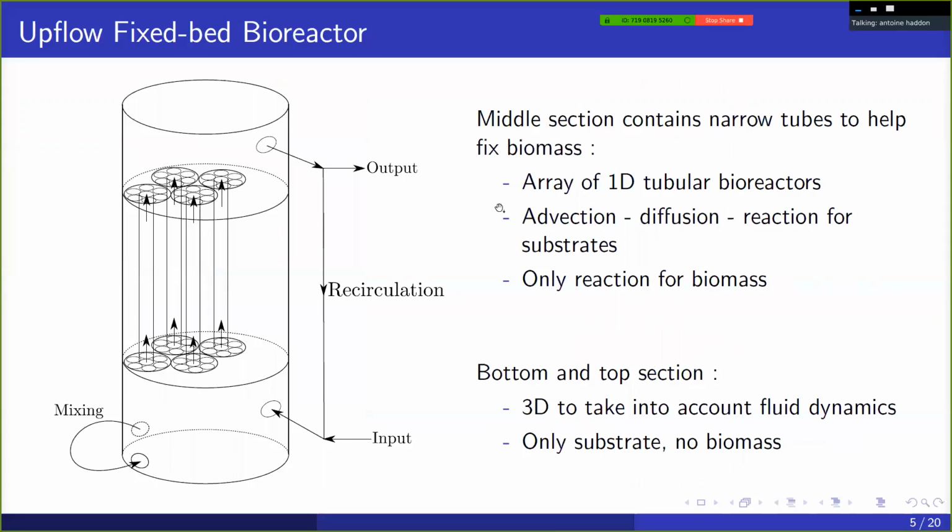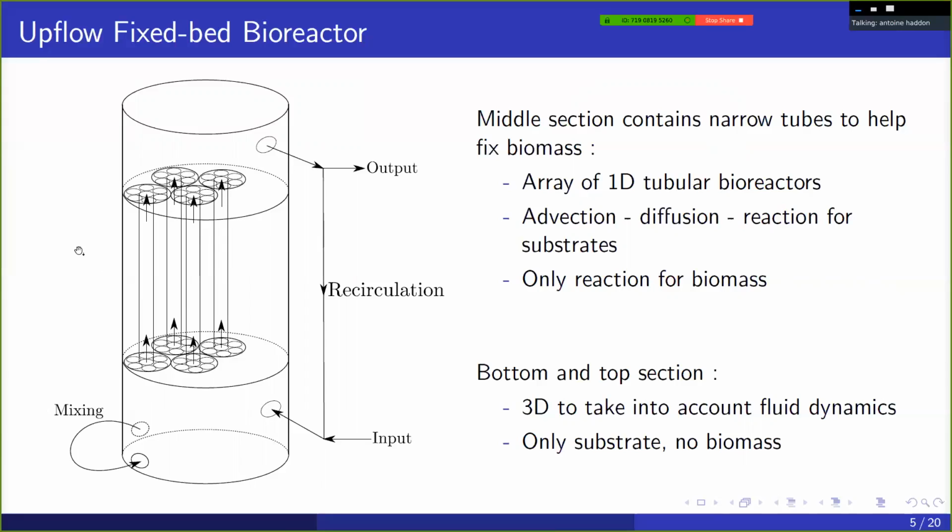So to model this, we're going to take advantage of the reactor geometry, specifically of the fixed bed, and of the fact that we have these thin tubes, and consider that they're only one-dimensional, to reduce the spatial dimension in this section.